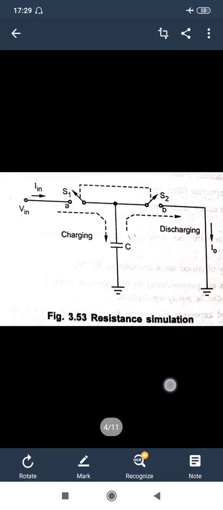When switch S1 is closed, the capacitor is charged with current with respect to the input voltage Vin, and the charge value is Q = C x Vin. When switch S1 is off and S2 is closed, the capacitor discharges through another current path I0, towards the ground. So by switching alternately between S1 and S2, the capacitor charges towards the Vin voltage and discharges towards the ground with the help of the I0 current.